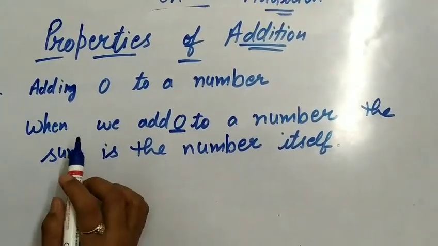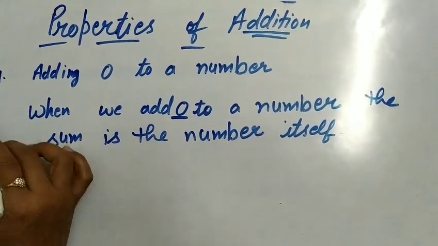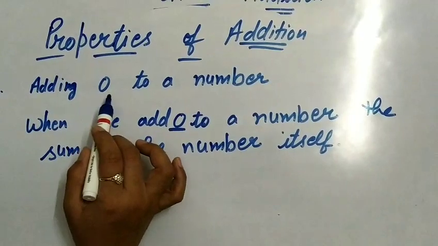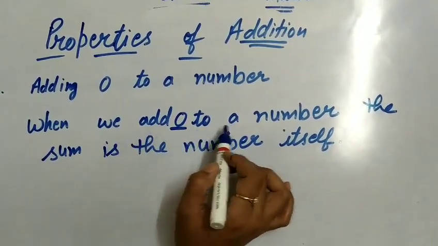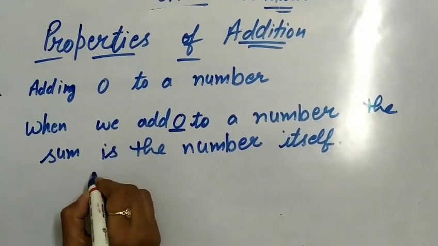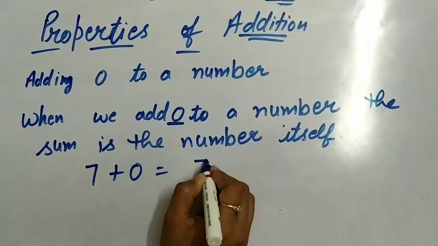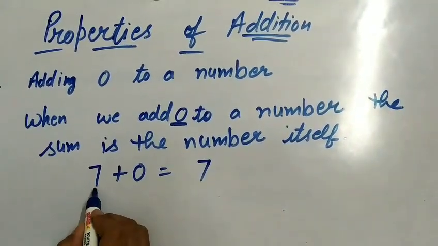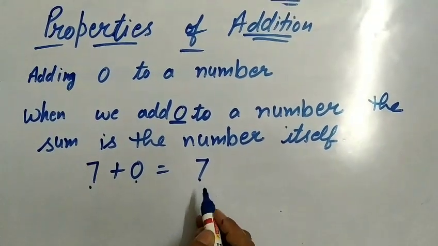Now let's discuss the properties of addition. See the first property, adding 0 to a number. When we add 0 to a number, the sum is the number itself. Suppose 7 plus 0 equals 7.